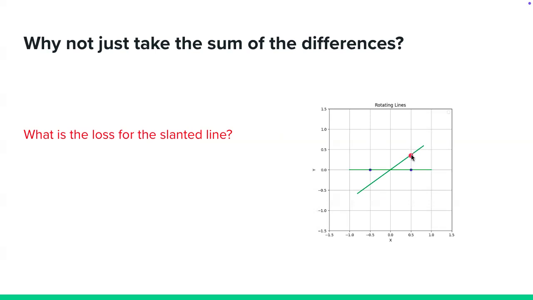So we take the predicted value, this is maybe 0.35, minus 0, which is 0.35, plus negative 0.35 minus 0. So then we have minus 0.35 and plus 0.35. We add them together, we get 0.